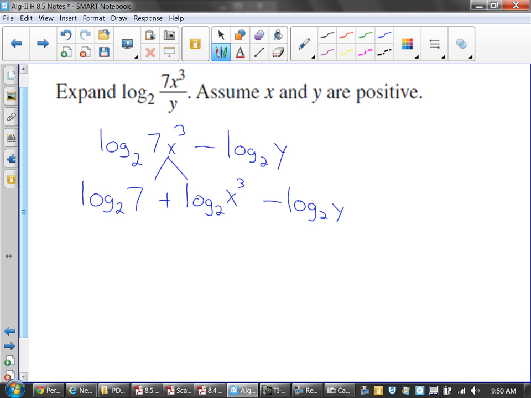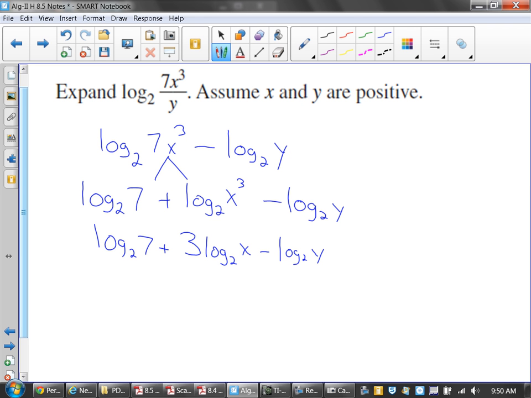Again, I'm splitting that apart into addition, and what I was going to do is just shortcut the exponent rule right there. If you don't want to, you don't have to. And that leaves me with log base 2 of 7 plus 3 log base 2 of x minus log base 2 of y. And that's expanded.